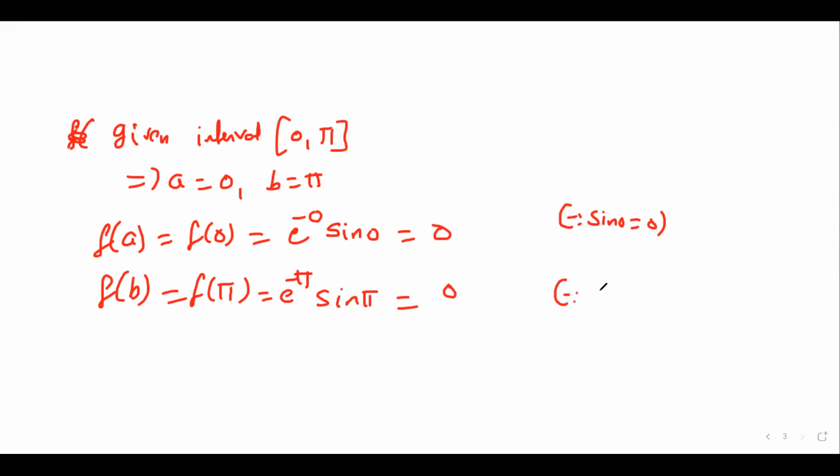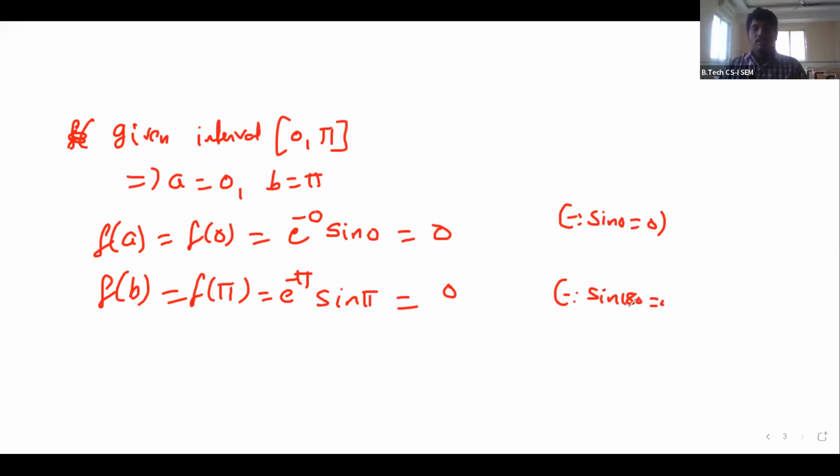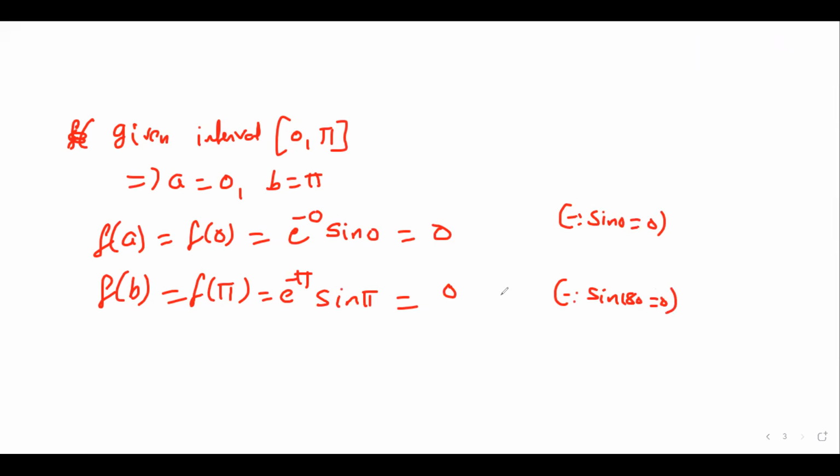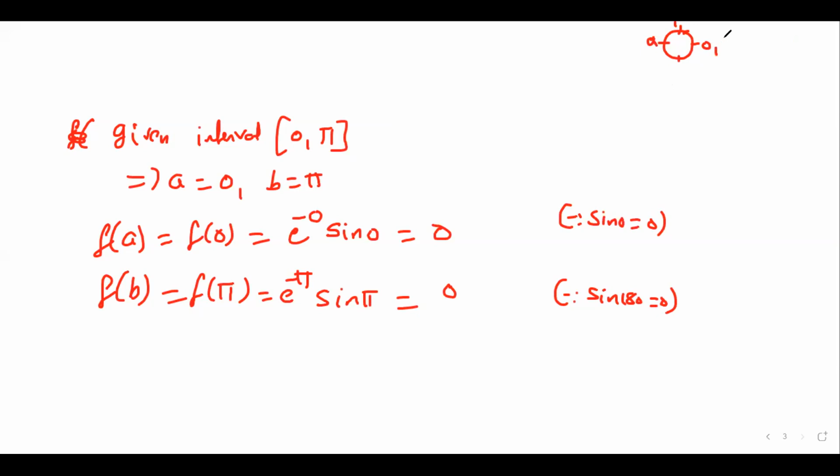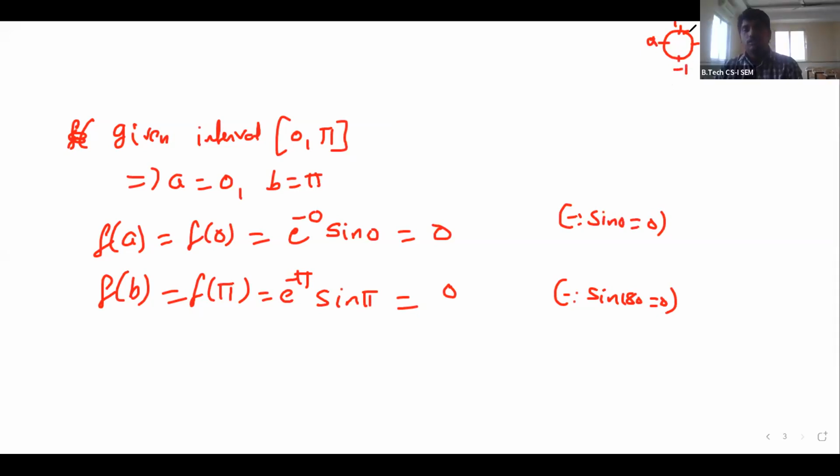Very good. sin 360 is 0, cos 360 is 1. Remember: sin 0 is 0, sin 90 is 1, sin 180 is 0, sin 270 is minus 1, sin 360 is 0. For cos: cos 0 is 1, cos 90 is 0, cos 180 is minus 1, cos 270 is 0, cos 360 is 1. Understood? So with that we got this.